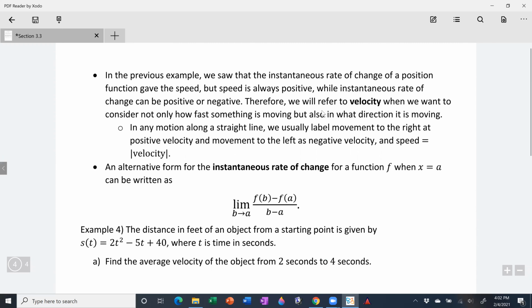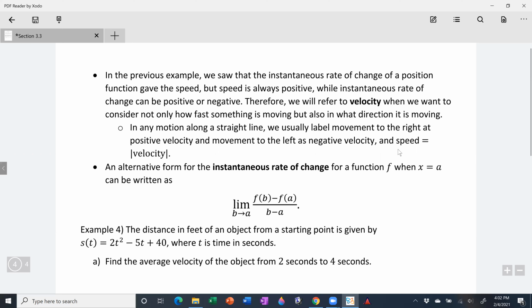Okay, and so therefore, if you're working with problems about the speed or velocity of something, the velocity by definition is what we refer to when we want to consider not only how fast something is moving, but also in what direction it is moving. In any motion along a straight line, we usually label movement to the right as a positive velocity, and any movement to the left is indicated as a negative velocity.